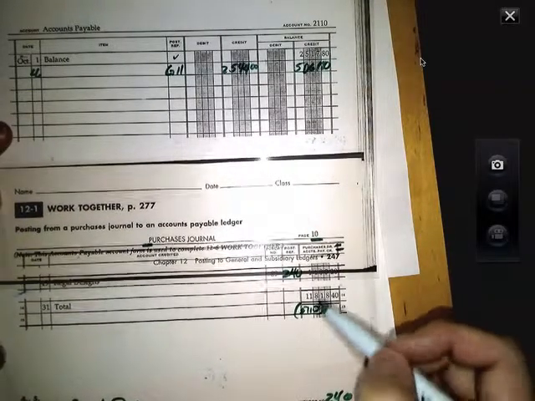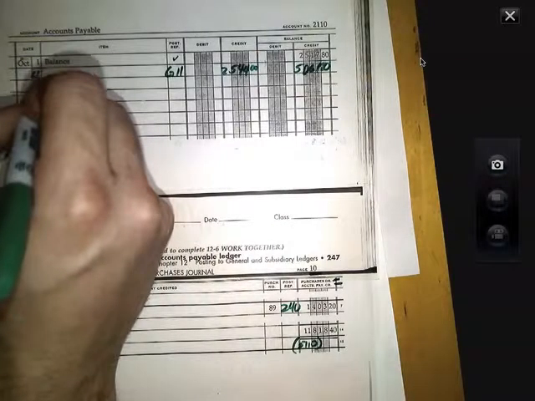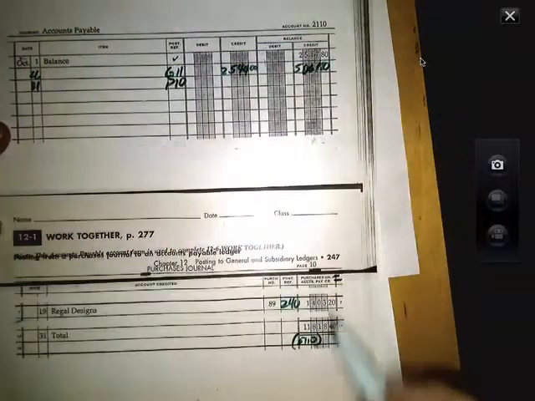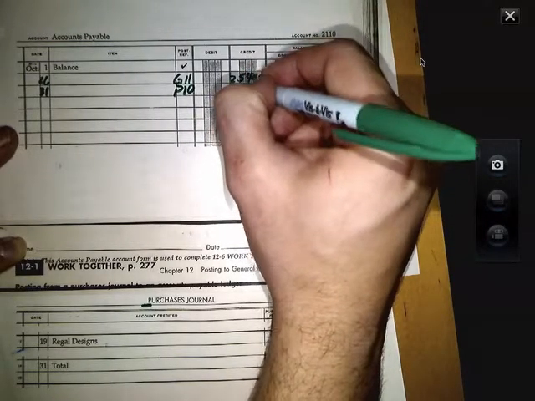Here's accounts payable. This is on the 31st, this is P10 for 11,818.40. It's a credit, 11,818.40.